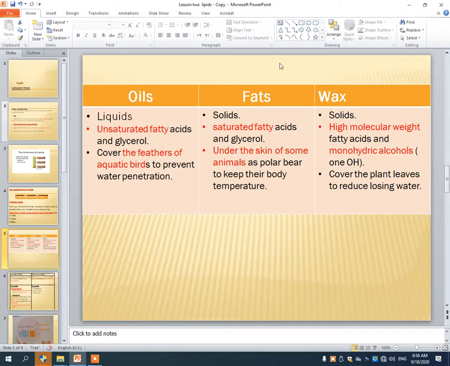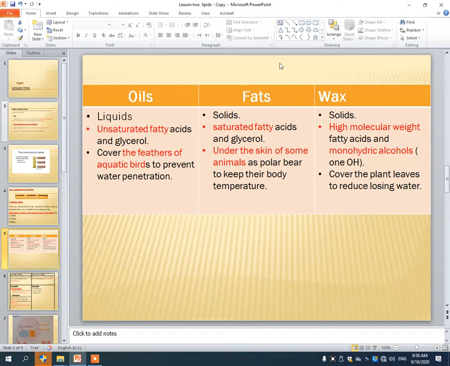So the plant needs to keep the water inside its body. The layer of wax covering the leaf reduces the loss of water by transpiration.